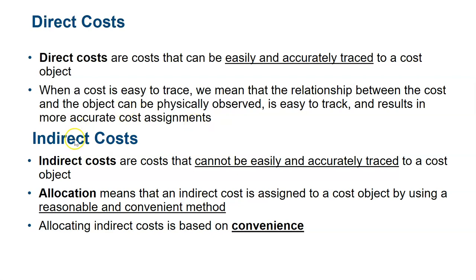So with indirect costs, it says that basically it's the exact opposite. They're still costs, but they cannot be easily and accurately traced to a specific cost object. So we're going to allocate the cost. Allocation means that an indirect cost is assigned to a cost object by using a reasonable and convenient method.